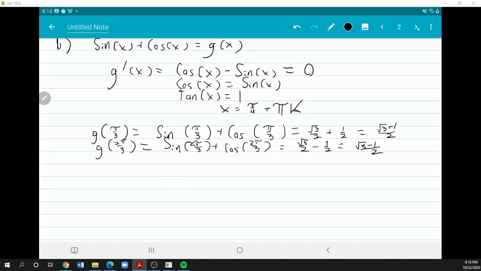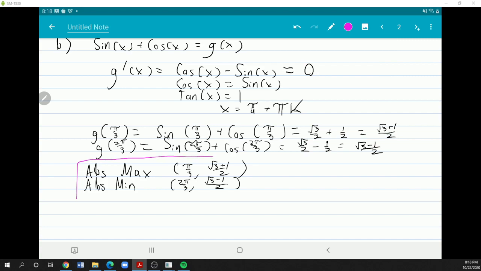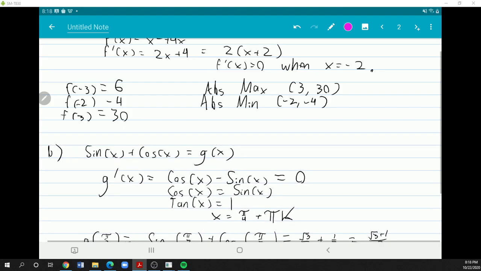So I get values: absolute max, (pi over 3, root 3 plus 1 over 2), absolute min, (2 pi over 3, root 3 minus 1 over 2). And that's my final answer there.